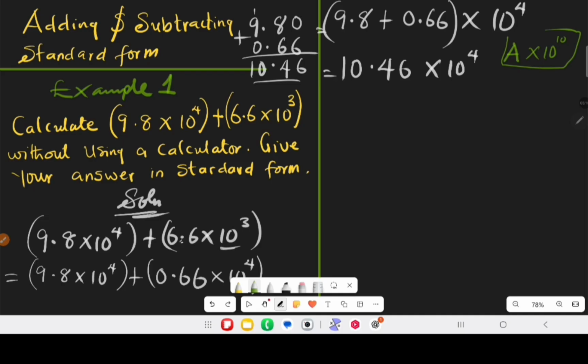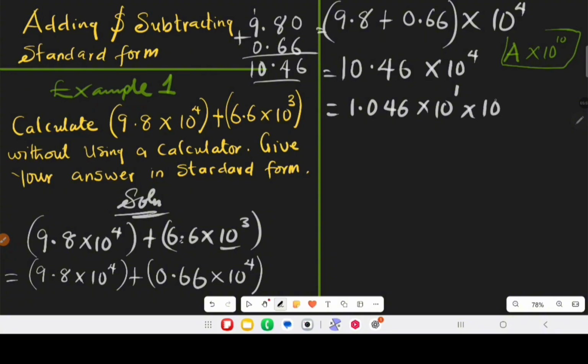If we write 10.46 in standard form, we are going to have 1.046 times 10 raised to the power of 1, because we move the decimal point from right to left or backward, times 10 raised to the power of 4.